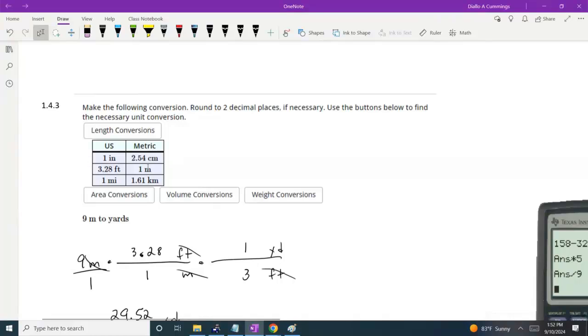So I want to use this for a second. One inch is equal to 2.54 centimeters.